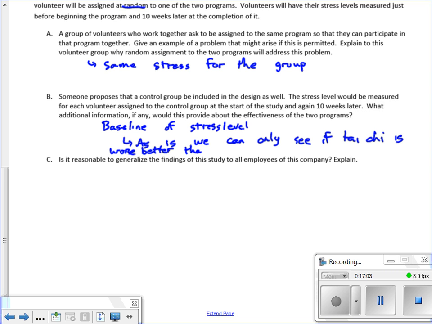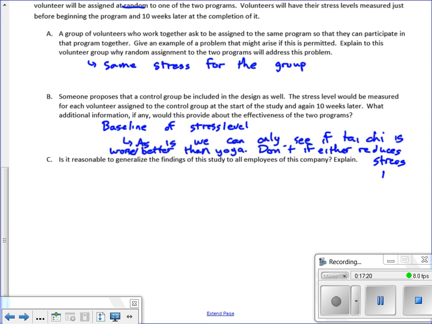Is it doing better? Is it doing worse than yoga? We don't actually know if either one of them reduces overall stress level there. We don't know if either reduces stress level. Right?